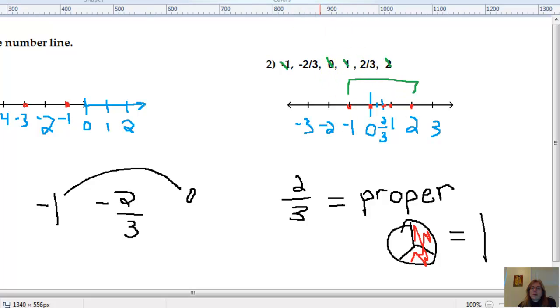So we will put negative 2/3. There's a 1/3. There's a 2/3. Let's make that bigger so we can put a red mark on it. Right there. Between 0 and -1 is negative 2/3.